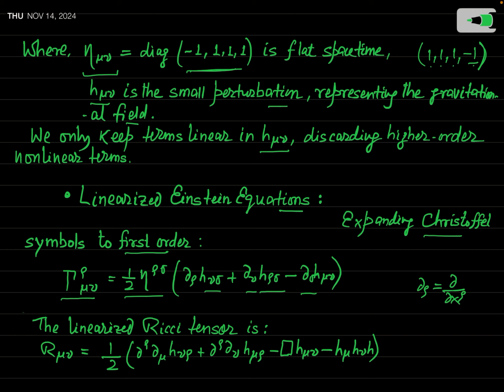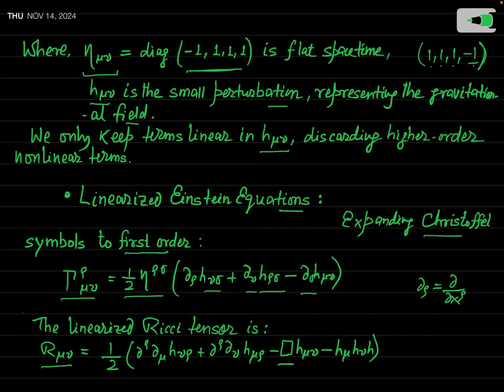And the linearized Ricci tensor R mu nu is defined like this. Here there is a symbol called the box symbol.